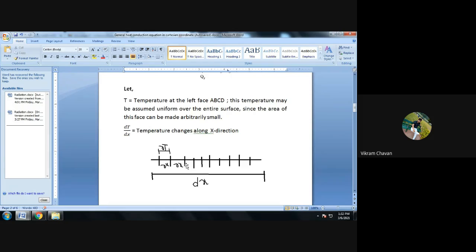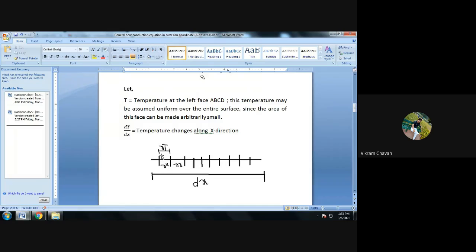So now what will happen? The heat is flowing in x direction, so there is a temperature difference at each element node of this particular length.